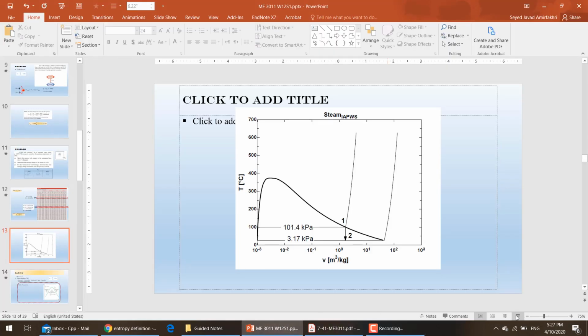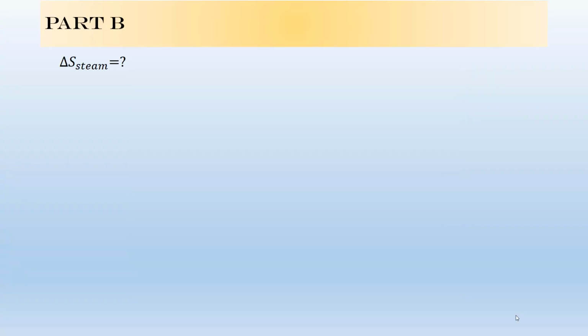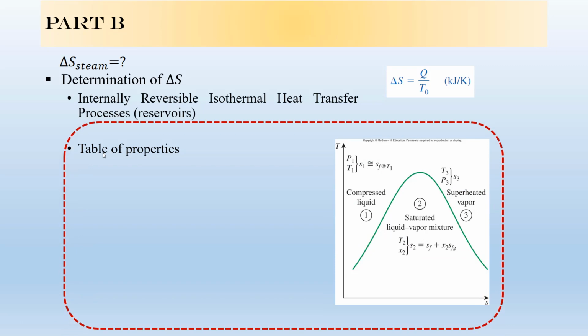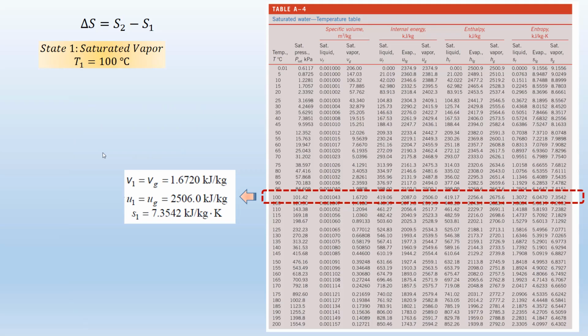Okay, so yeah, these are the two different methods that you learned to calculate the ΔS. Here we don't have any reservoir, but the tables of properties are available for the system. So the second method is the best one to find the ΔS for this process. To find the ΔS, you can write ΔS equals S2 minus S1. You need to find S2 and S1, correct? In the previous slides, you found S1, correct?